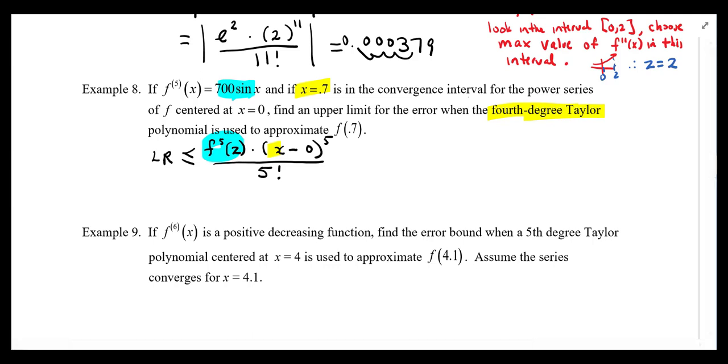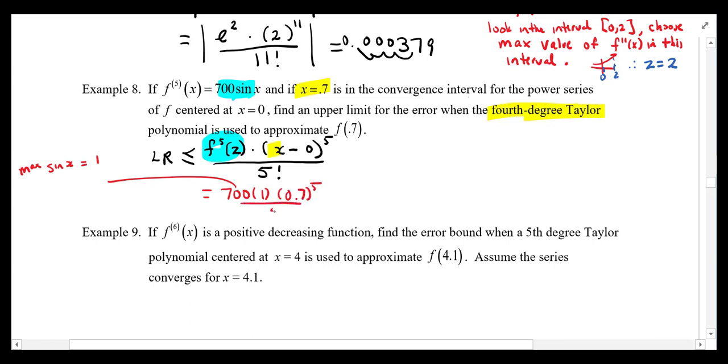So that is correct. And if you do that, then this thing in blue can be simplified to just 700 times 1, right? Because the maximum value of sine x is 1. And then you can just quickly evaluate this 0.7 to the power 5 over 5 factorial, and that would perfectly be fine. Let me just tell you that it's 0.9804. Okay?